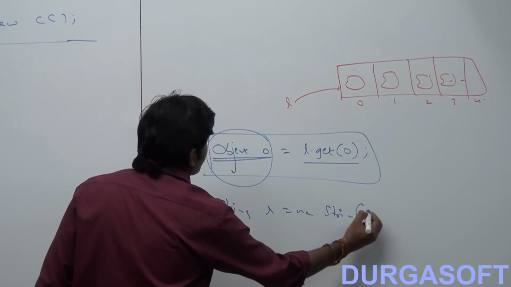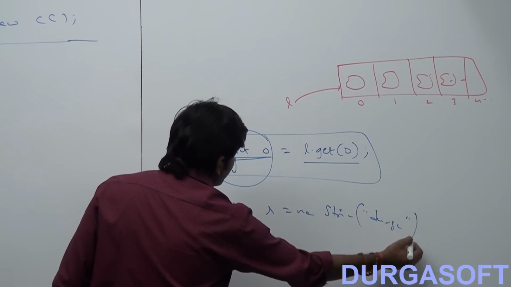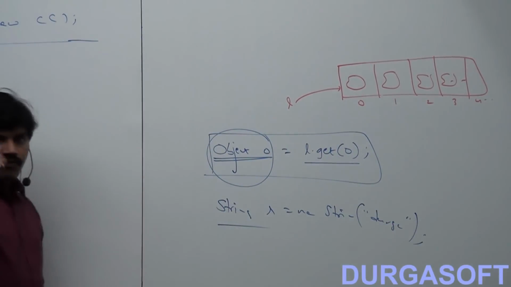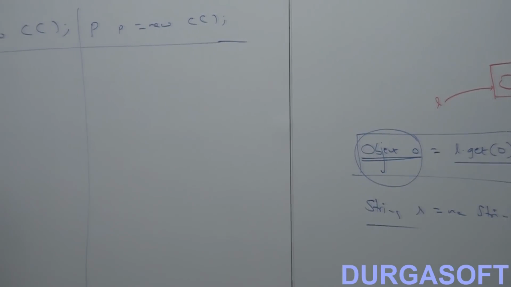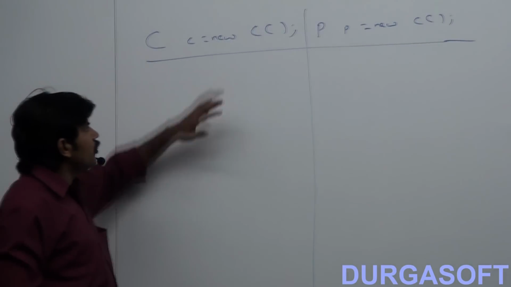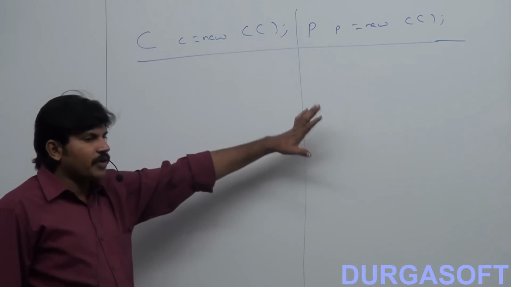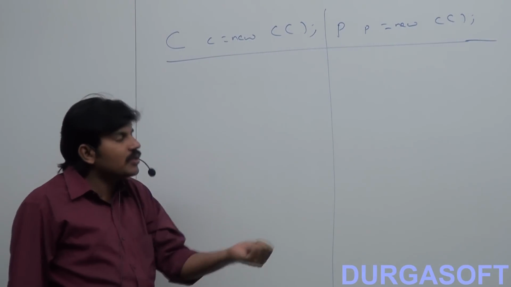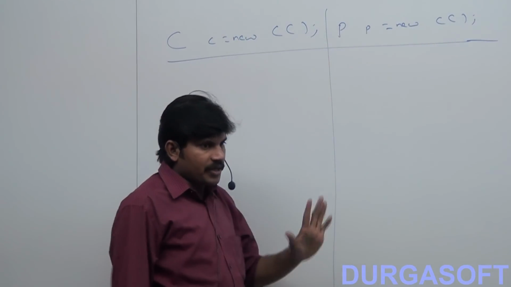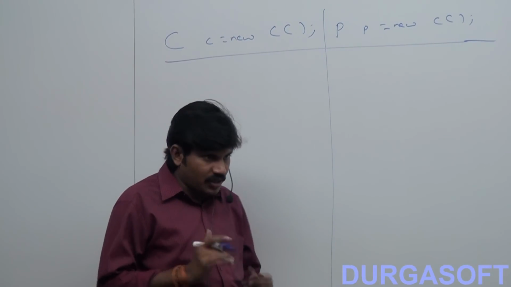If we know the exact runtime type of the object, then we can use this one. If we don't know the exact runtime type, then we can hold that object by using a parent reference. I hope the first point is clear for all of you.